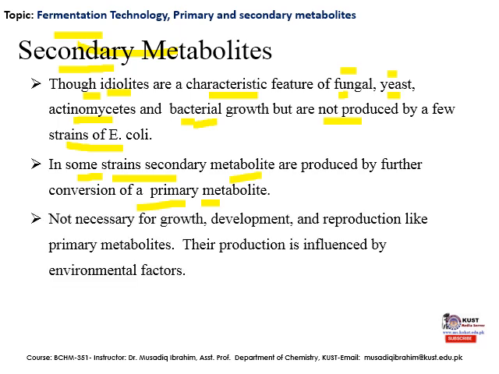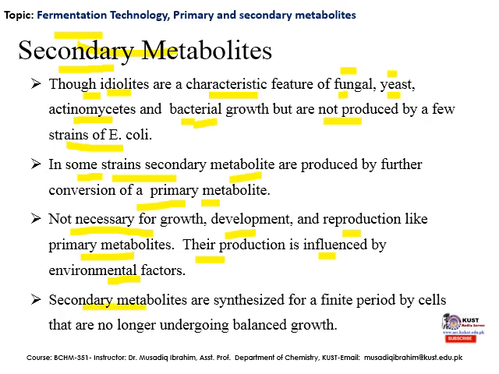As we know, the secondary metabolites are not necessary for growth, development, and reproduction, as is the case for primary metabolites, which are important for all these three processes. But the production of the secondary metabolites is influenced by environmental factors like pH or suboptimal concentrations of oxygen.